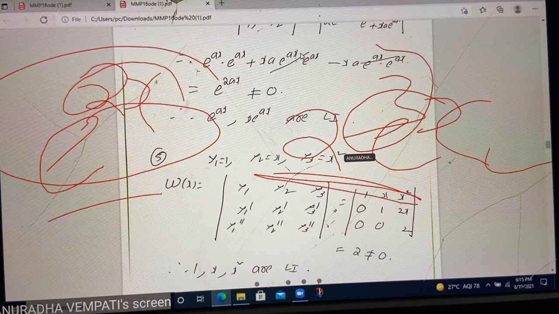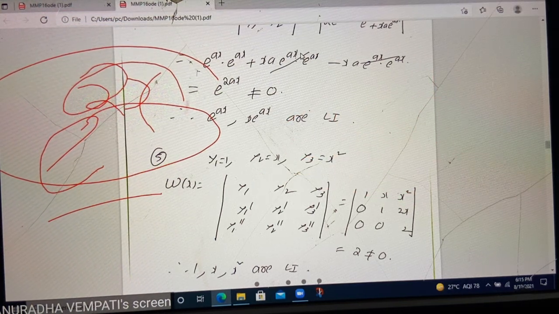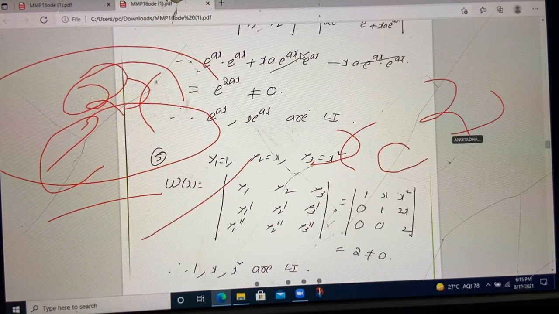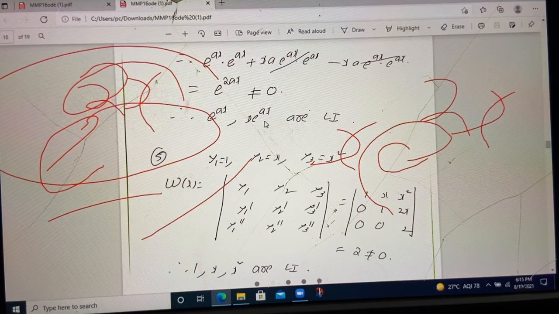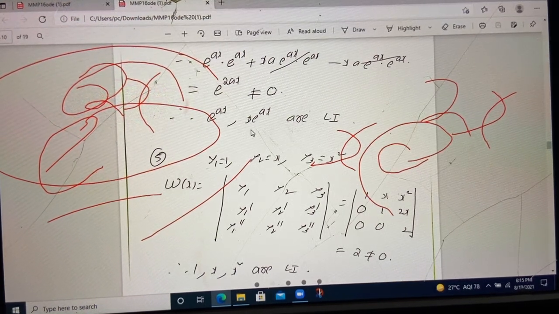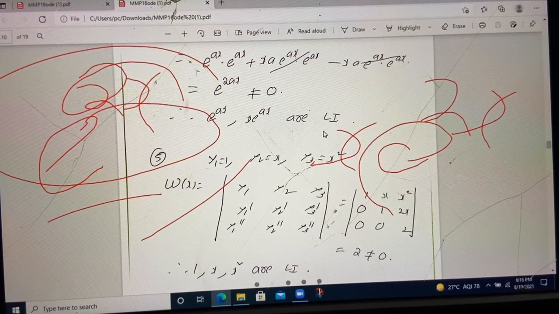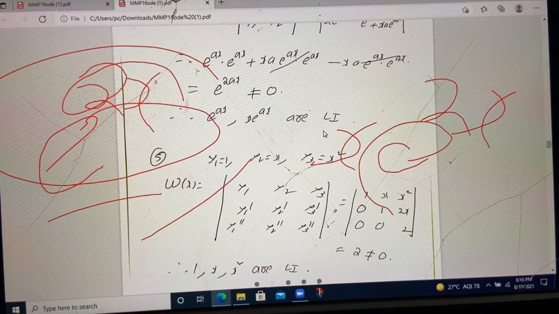Even if they are equal, if it is constant times, it is linearly dependent, whereas if you take x times, then according to this result, they are linearly independent. So even if the powers are equal, if it is not constant times but x times, then automatically they are linearly independent. So such questions, by looking at them, you can do, provided you follow this concept.